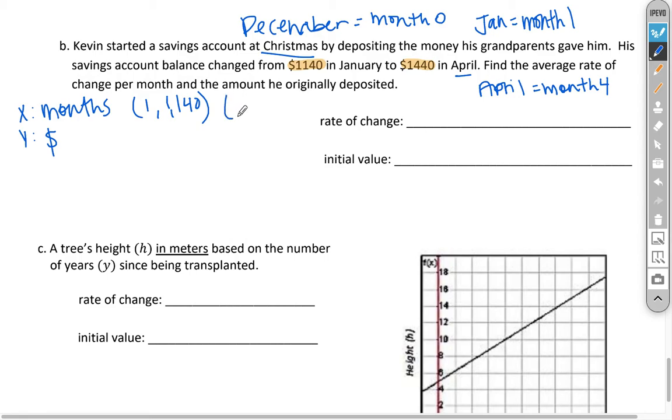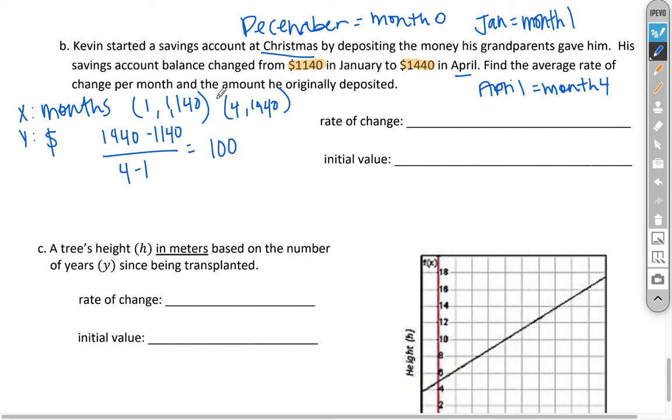Our second ordered pair is April, 4 and 1,440. Now we have 2 ordered pairs to solve for slope. So 1,440 minus 1,140, this is y2 minus y1 over x2 minus x1, over 4 minus 1. And this is going to give us 100.